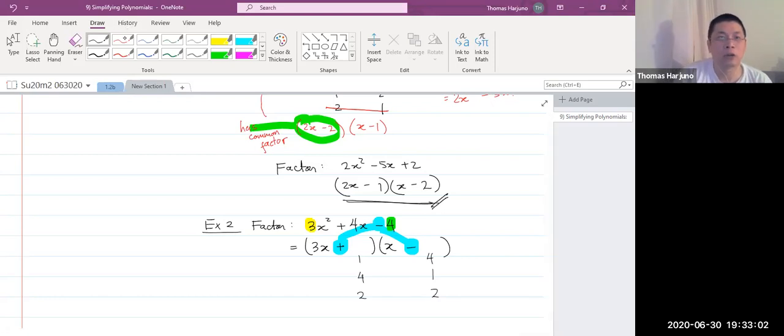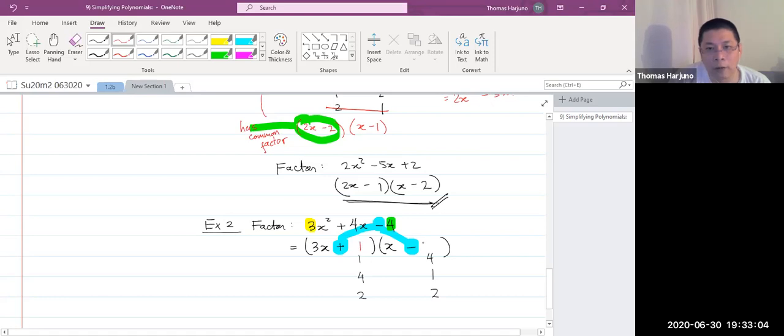Okay, when I try 1 here and 4 here, what do I get for the middle term? I will get negative 12 plus 1, that will give me negative 11x in the middle. Nope, that's not what I want.